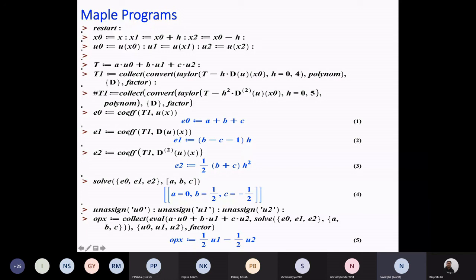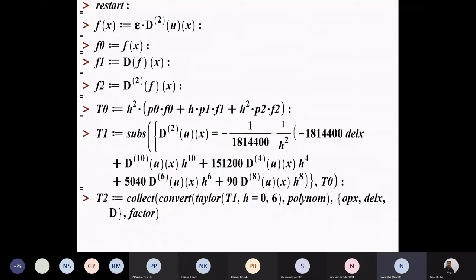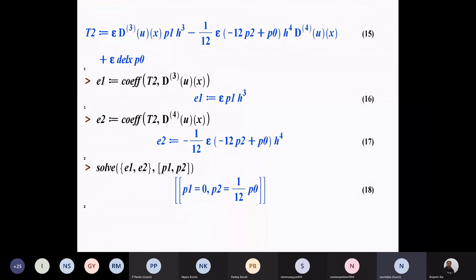You can get the values a, b, c. I have defined two operators, OPX and del x. This OPX is the same thing as your operator A, and del x is your operator B. Use this in the Maple sheet, and we can generate the difference scheme like this. Very easy. Finally, these are the values of A and B I have told you.